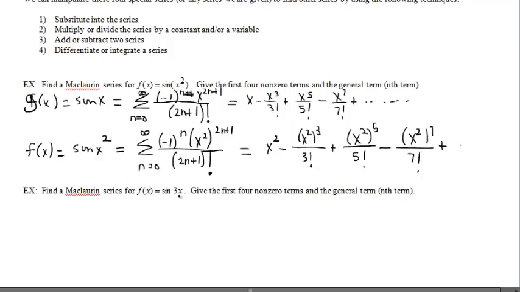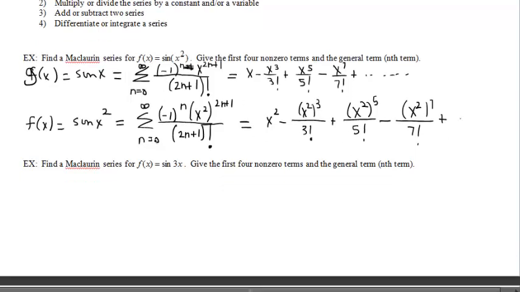Let's manipulate sine again, but this time replace every x with 3x. Because these problems are back to back and I have the parent series right up here, I'm not going to rewrite it.